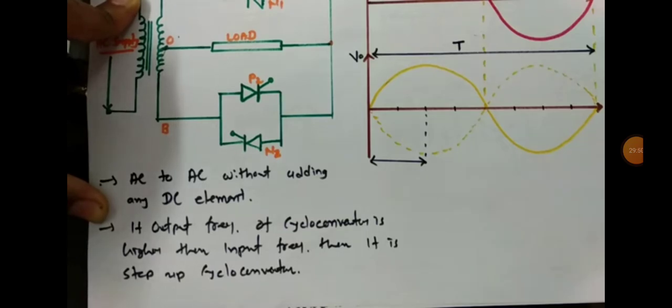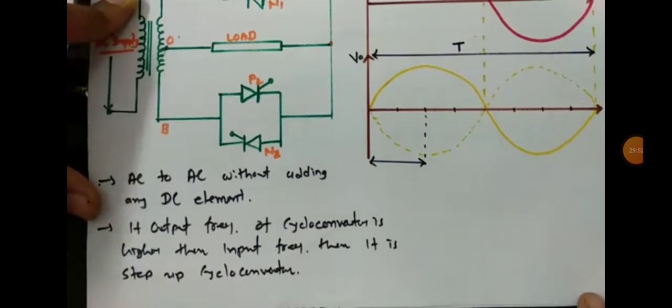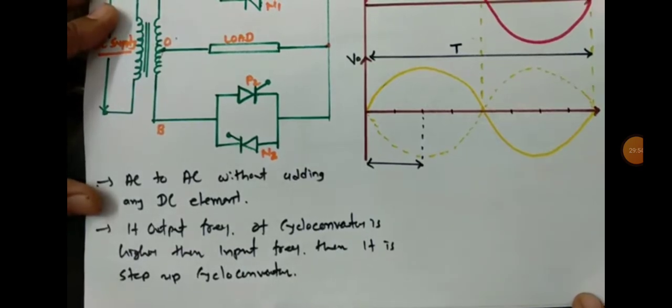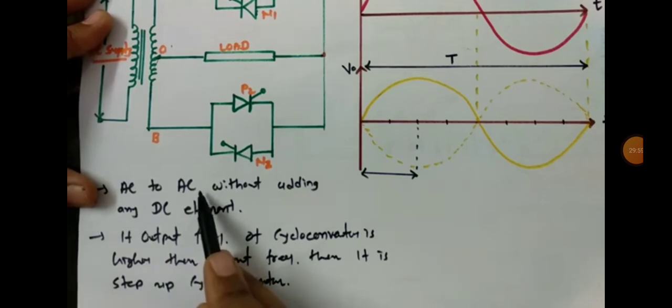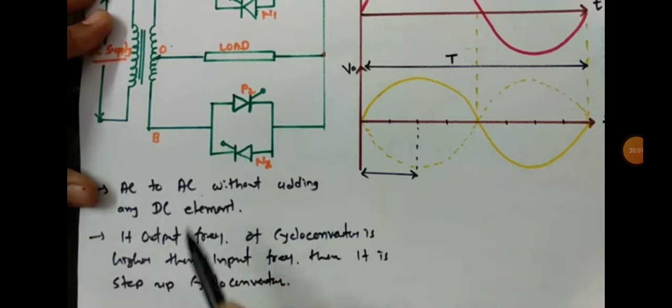So if output frequency is greater than input frequency, then it will be step up cycloconverter. And what is cycloconverter? It is AC to AC conversion without adding any DC element.